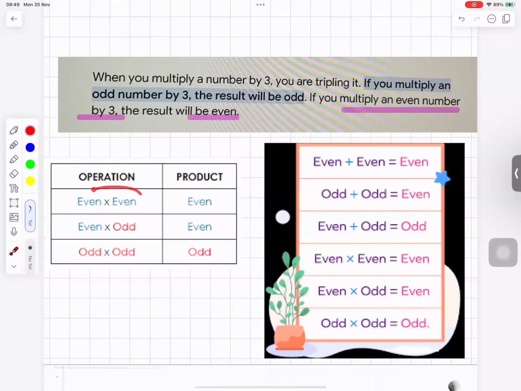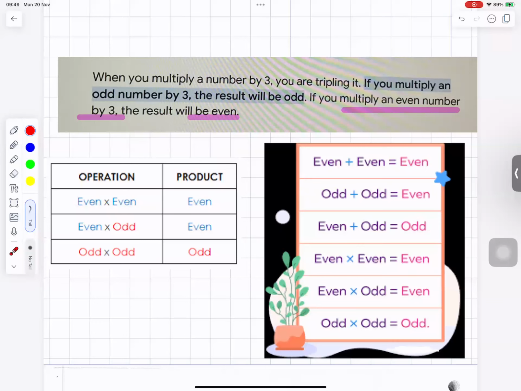Let's start. An even number times an even number gives you an even number. An even number times an odd number gives you an even number. That's the important one here. Even times odd gives you an even number, or odd times even would be the same. So it's very important. This is the one we're going to be using.